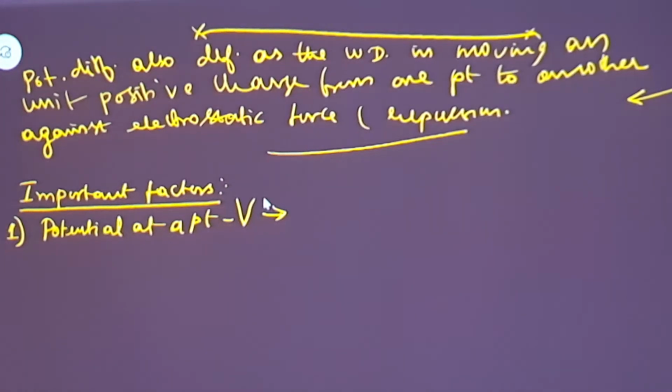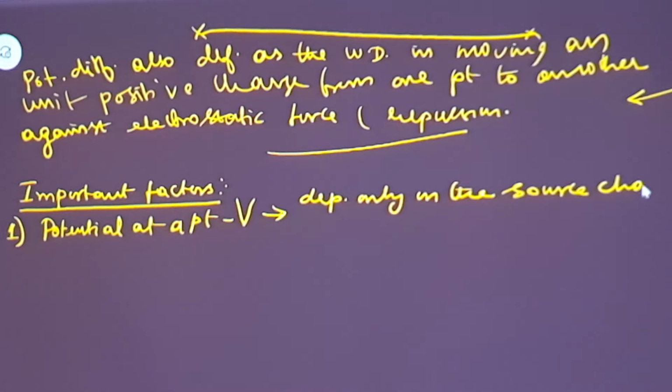This potential depends on the source charge or the parental charge, and it is independent of the test charge which is moved. So I can say this potential V depends only on the parental charge or the source charge.